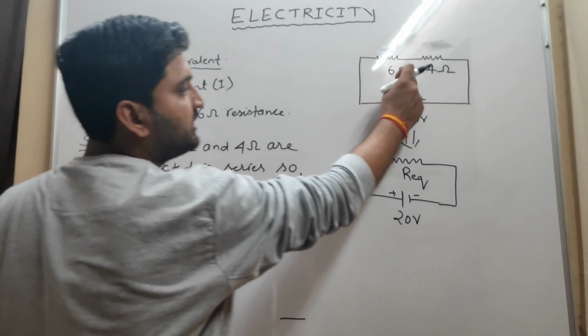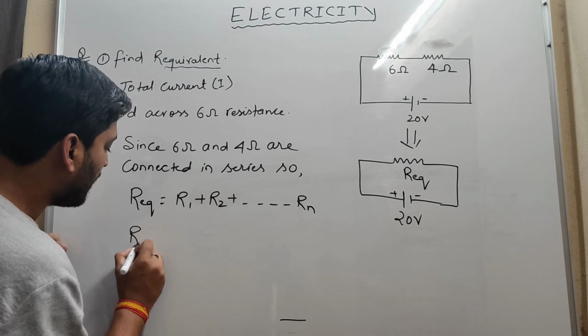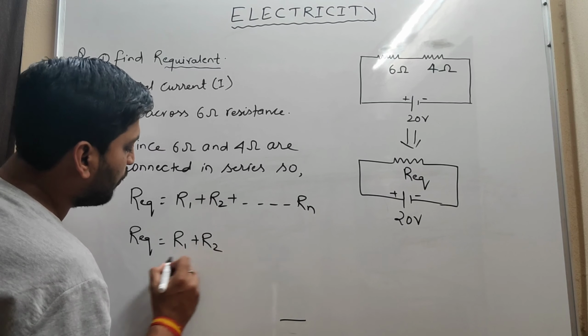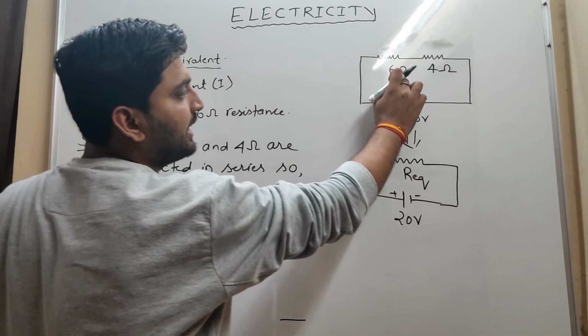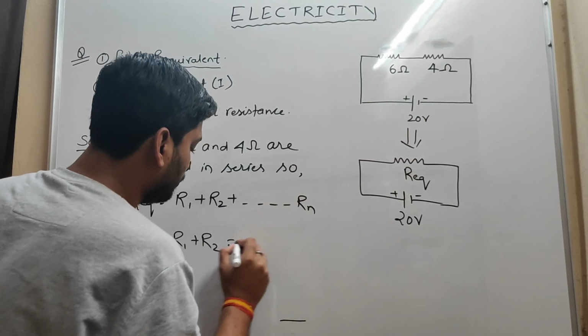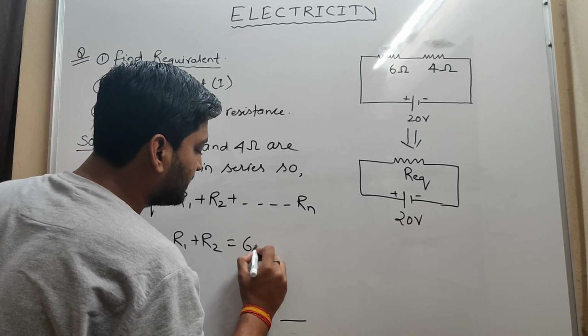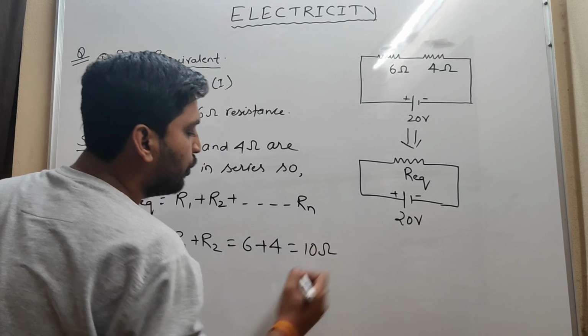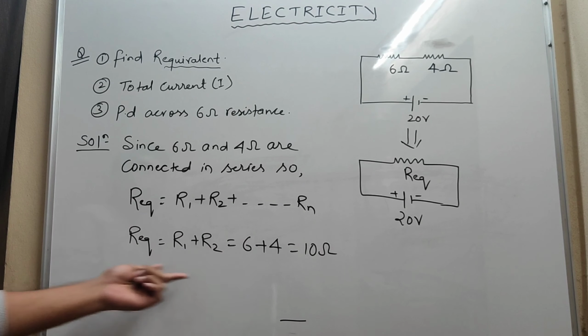But here the number of resistances is only 2, so R equivalent will be R1 plus R2. What is R1 here? R1 is 6, R2 is 4. So we replace R1 by 6 and R2 by 4, and we get 10 ohm. So R equivalent is 10 ohm.